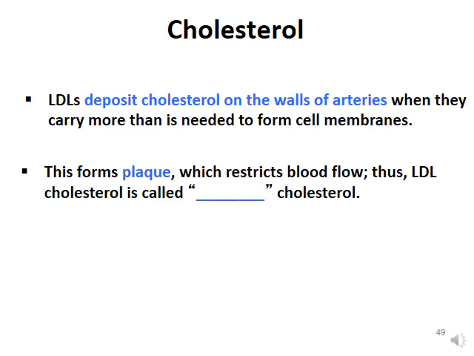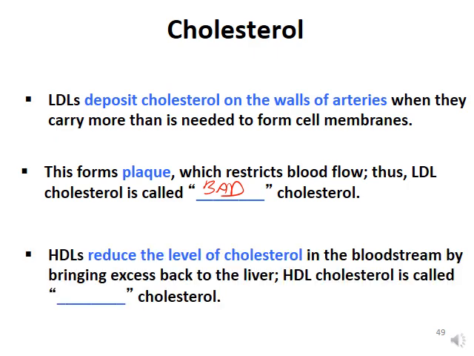So the LDLs are called the bad cholesterol. If we have too much of that, it forms the plaque. HDLs reduce the level of cholesterol in the bloodstream by bringing the excess back. So this is the good cholesterol. It finds the bad cholesterol, grabs it, and takes it back to the liver.